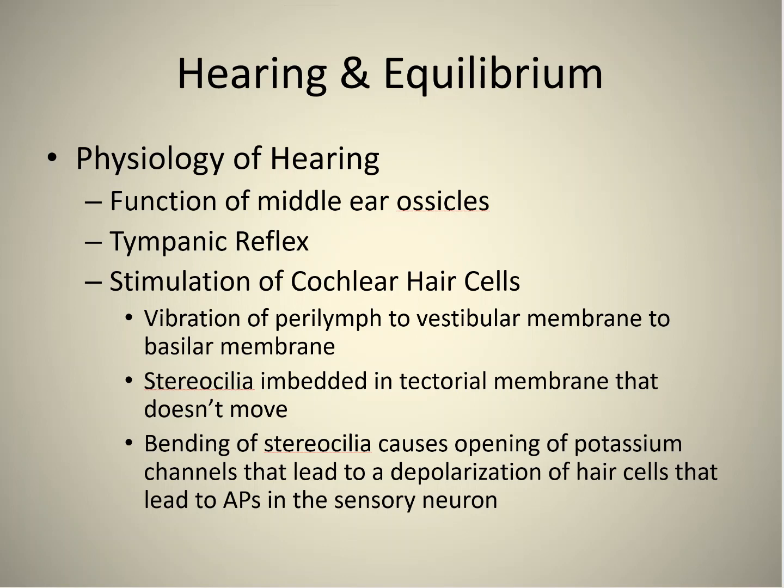So we have to amplify those waves, and it's amplified because of the size of the oval window compared to the size of the tympanic membrane. The membrane is quite large, and it moves the middle ear ossicles when you hear something, and this moves the stapes, and it's amplified because the oval window is much smaller than the tympanic membrane.